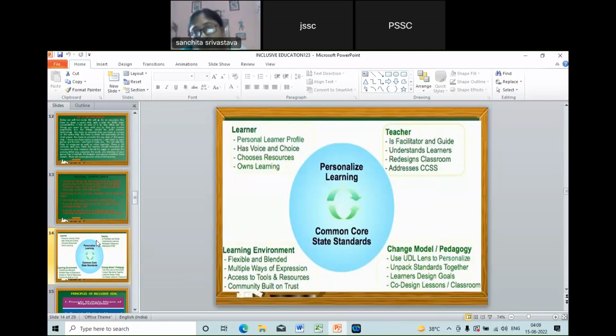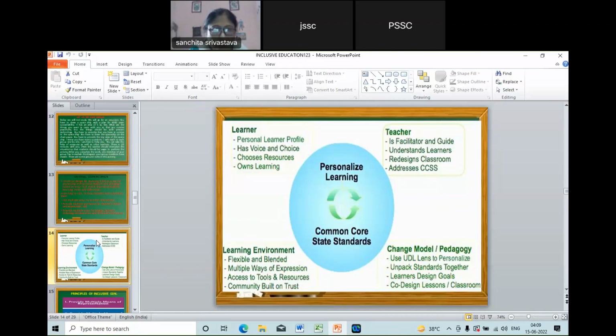So that trust, that faith is needed, and nowadays you cannot just marginalize a child because he or she is not getting good scores, because getting marks is not at all important in the curriculum.